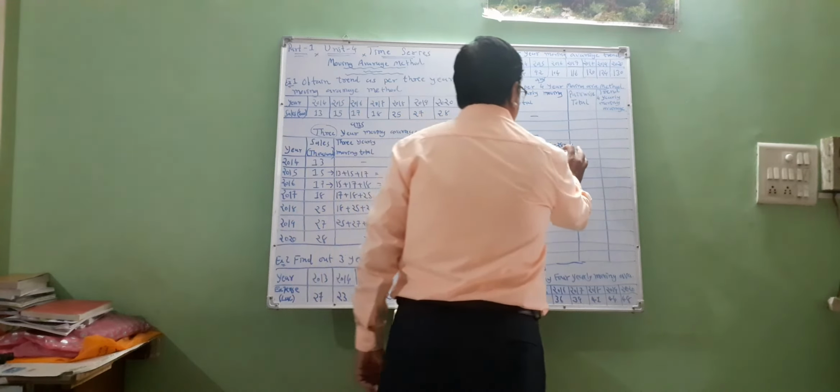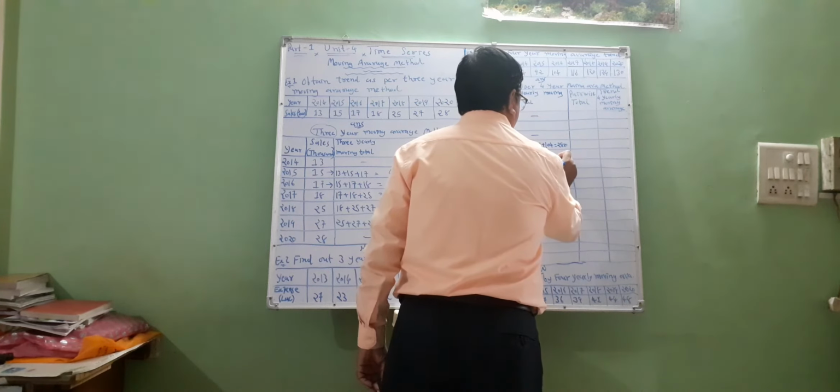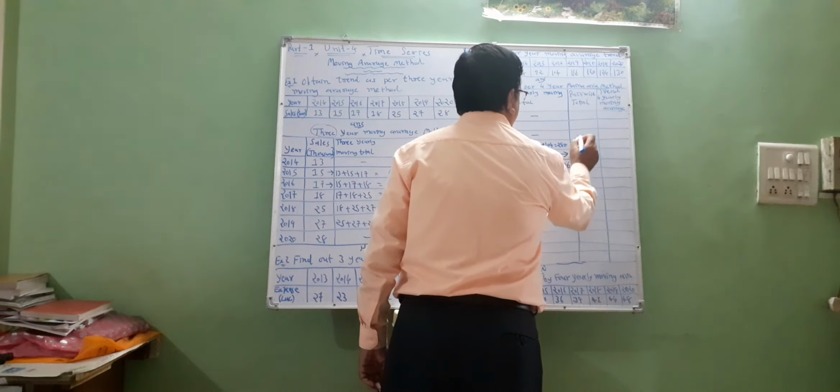Now take the pairwise total and write it right between them.